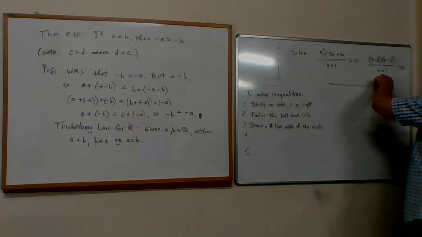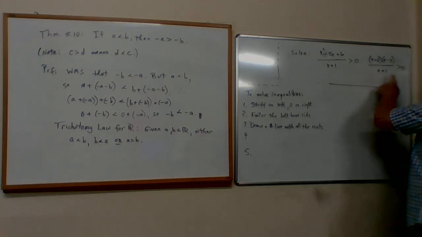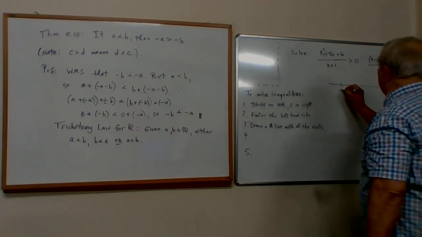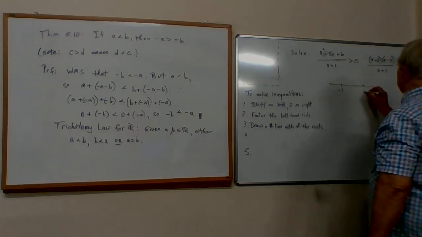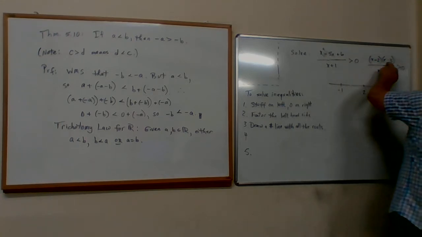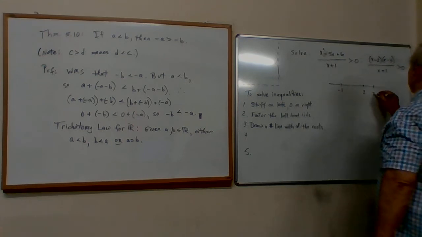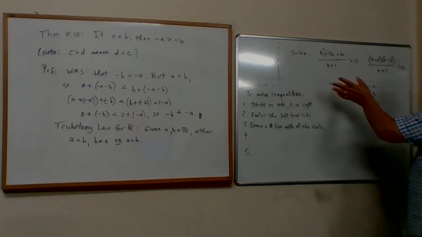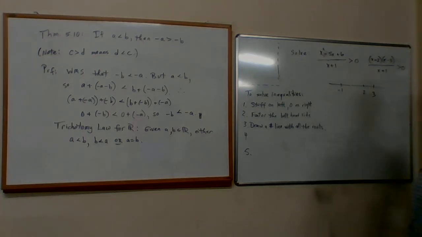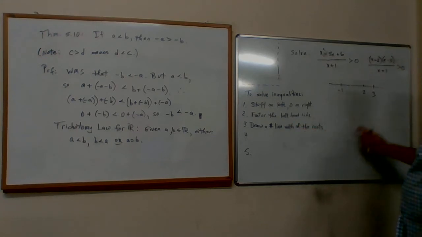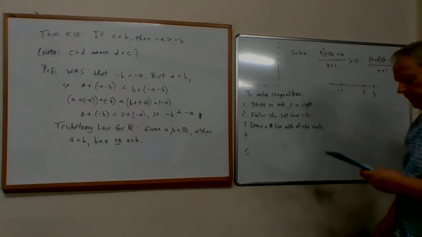Where is this equal to 0? And the answer is, it's at -1. Where is this equal to 0? It's equal to 0 at 2. And this is equal to 0 at 3. And you don't have to draw it to scale. Doesn't matter what the distances are between these, just put them on a number line. Okay? So I've drawn a number line. I put all three of the roots on the line, okay?